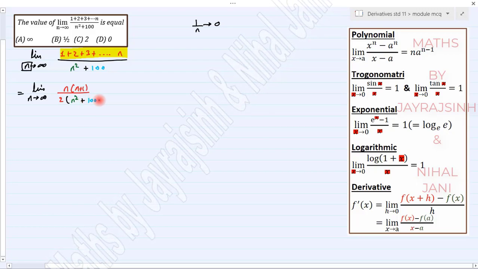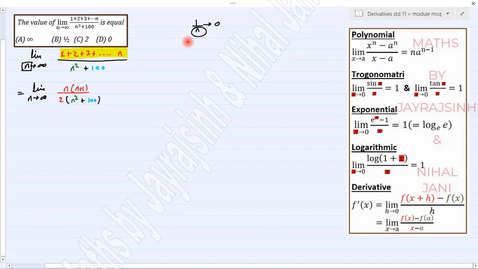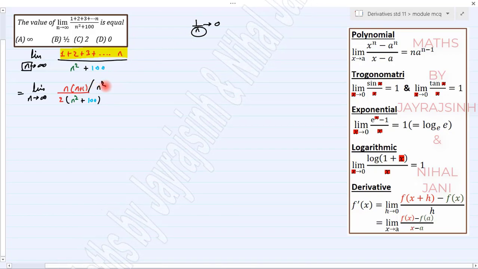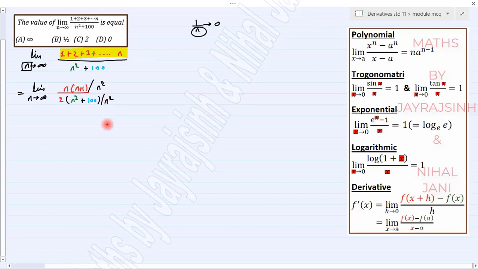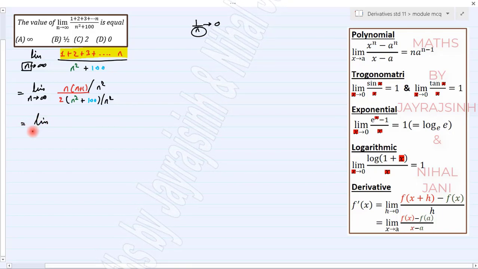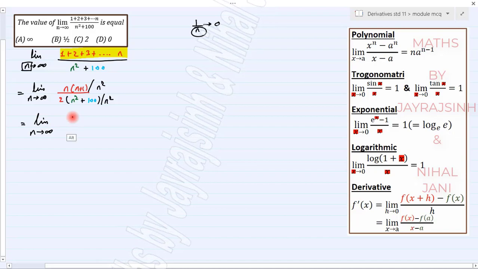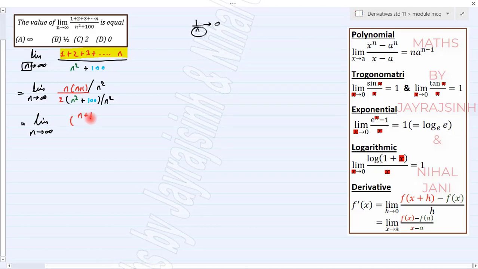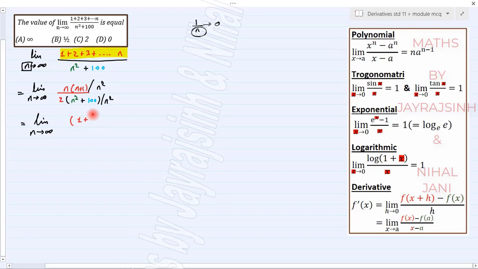Now, we need to get n into the denominator. So we can say divide numerator as well as denominator by the maximum power of n, which is n square in this case. So your numerator will become 1 power of n will cancel out and we'll get (n plus 1) upon n, or we can say 1 plus 1 upon n.